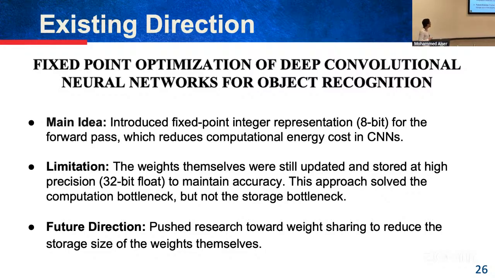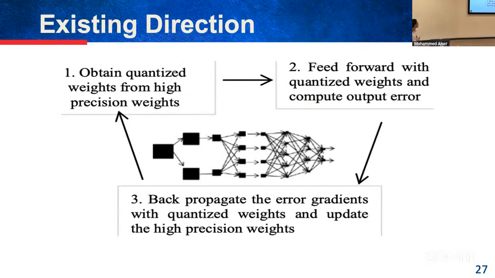After they ran the experiments, they were able to solve the computation bottleneck, but there was still the problem of the storage bottleneck. But this paper did help them to do further research on weight sharing to reduce the storage size.